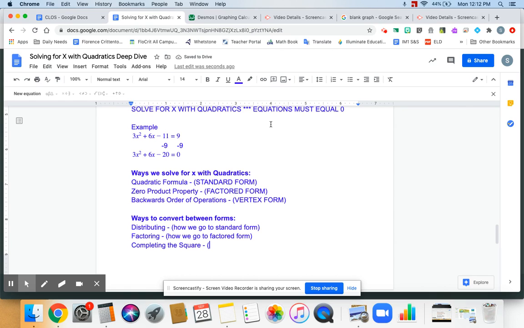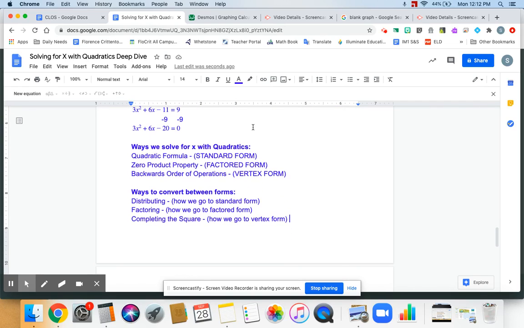Which form do we go to? It's how we go to vertex form. So these are the 6 things we've learned how to do in this unit so far. How to go to any of them and how to solve for x between any of them.